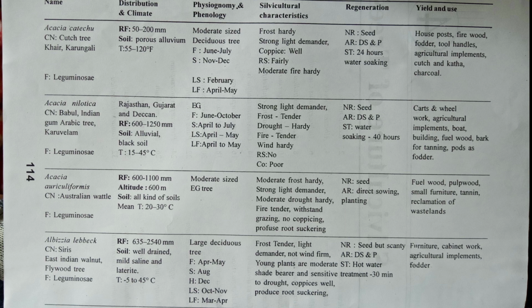Coming to regeneration, natural regeneration is by seed but scanty, and artificial regeneration is by direct sowing. Coming to its yield and use, it can be used for furniture, cabinet work, agricultural implements, fodder. So this completes the silvicultural characteristics of Albizia lebbeck.